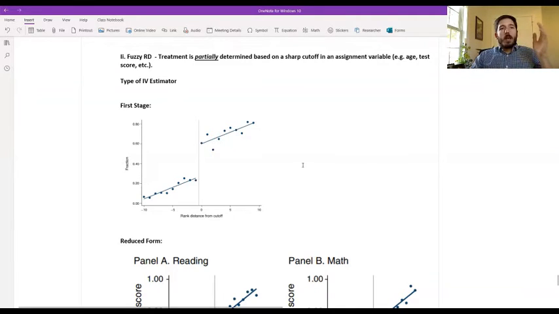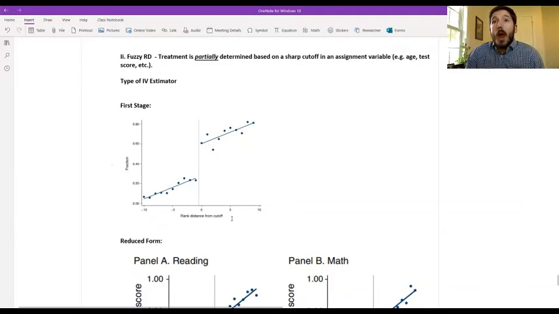Here's an example from a journal article that was looking at the effect of placing students into a tracked, I think it was a tracked 4th grade classroom. They end up in the higher, more difficult, more challenging classroom with higher ability peers, right? But there's some cutoff in terms of who gets it.